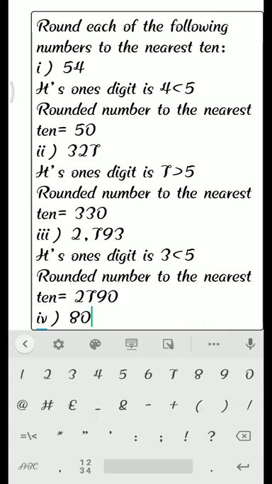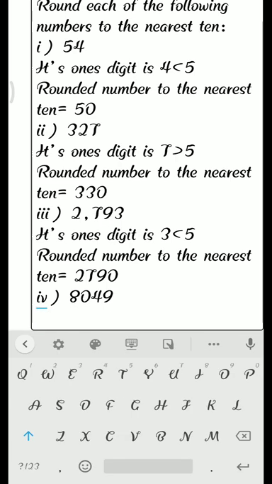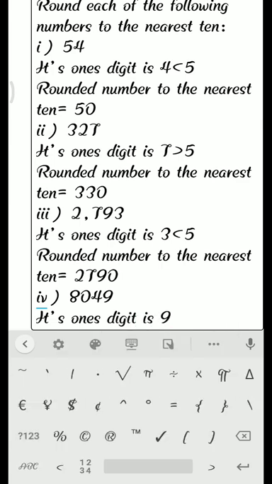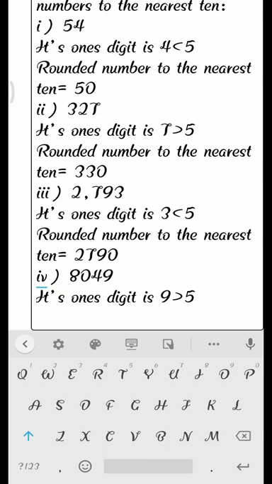We have 8049. Okay, let's do this. Its ones digit is 9, which is more than 5. So if it's more than 5, what do we do?